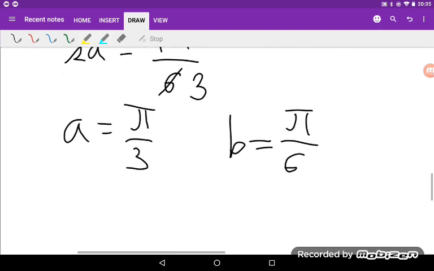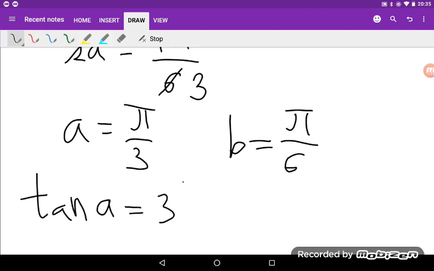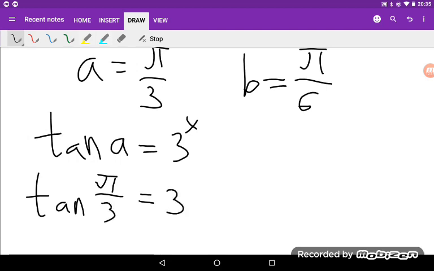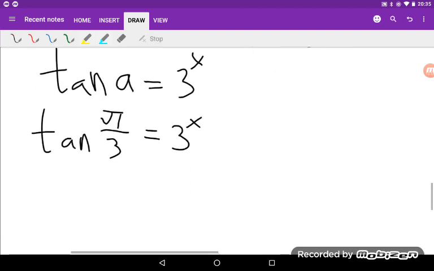So I found actually the values for a and b, but now I can just write tangent of a is equal to 3 to the power of x. Okay, and now I actually know that tangent of a is tangent of pi over 3, and that's equal to 3 to the power of x.